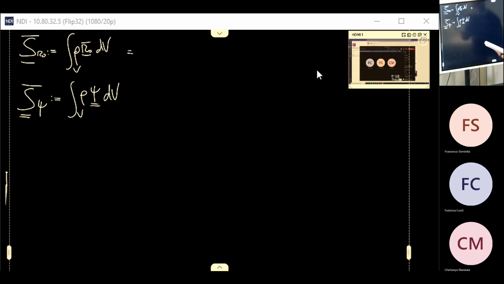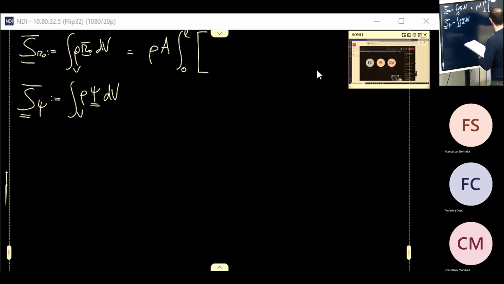So this can be written as follows: rho, which is, let's say, the density, A, which is the section, the constant section of our beam. This can be written as a linear integral instead of a volume integral, so from 0 to L, which is the span of the beam, times what? 0, because it's a 1D vector.